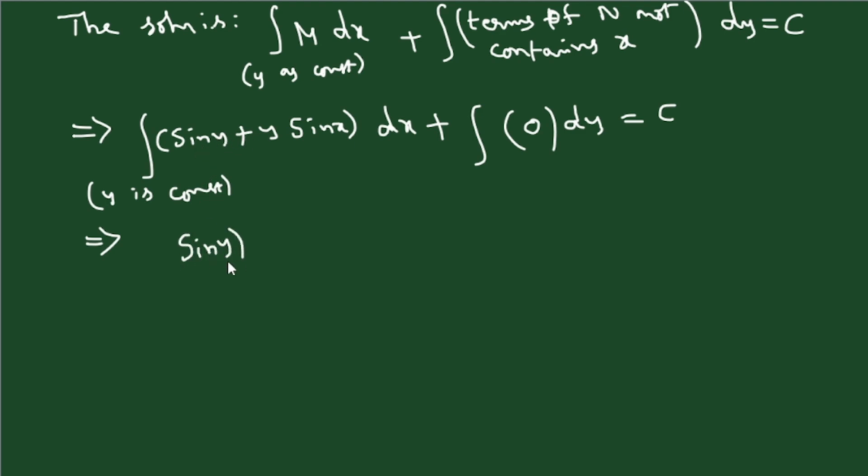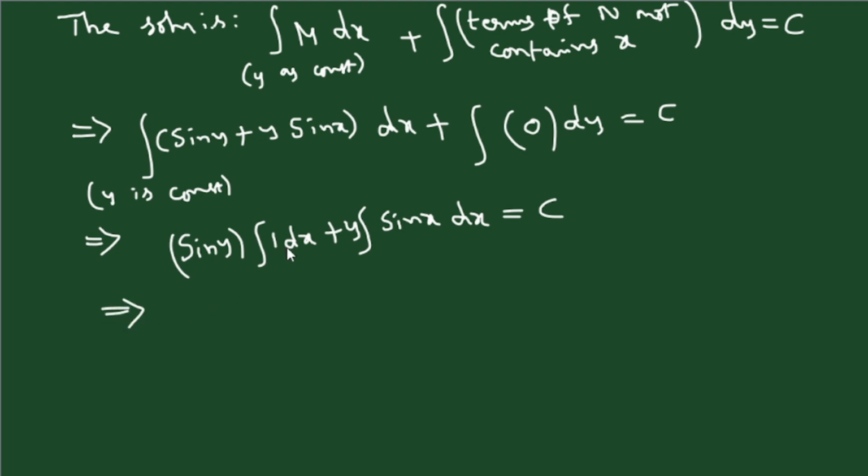Because y is kept constant in this integral, you can take sin y out. Integral 1 dx plus, if you split this integral, you will get integral y sin x. Here also you can take y out. Then it is integral sin x dx equal to c.